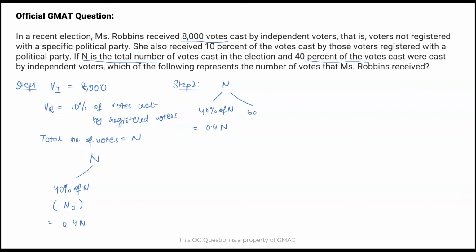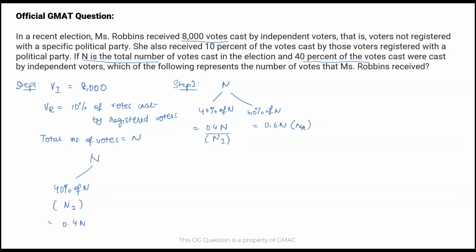Then the rest, 60% of n, will be the number of votes that were cast by registered voters. So we have 0.6 n. So these are the total number of votes which can be cast by independent voters, and these are the number of votes that can be cast by registered voters. Let's denote this by NR and this by NI.